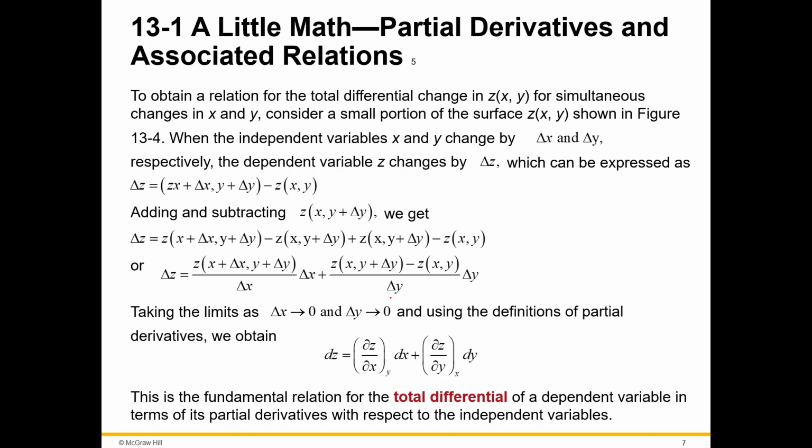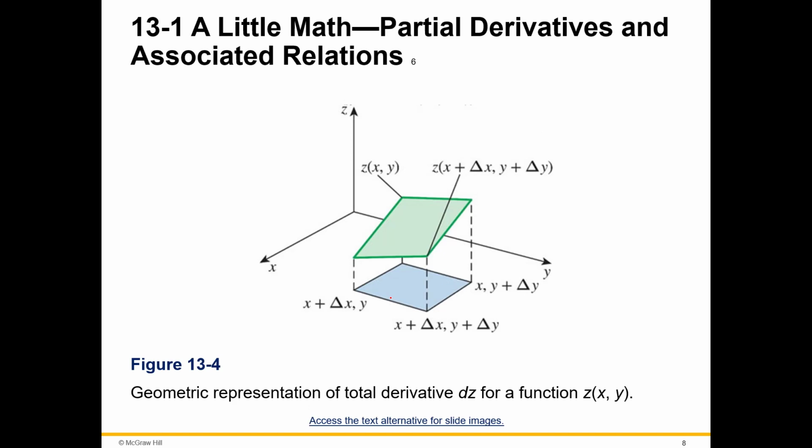And then here are those changes in z as well. This is a fundamental relationship for the total differential of the dependent variable in terms of its partial derivatives with respect to the independent variables. So we're just talking about taking limits and how they're associated with each, and then how we're taking them in z in reference to x and y, because we're working on a 3D plane.